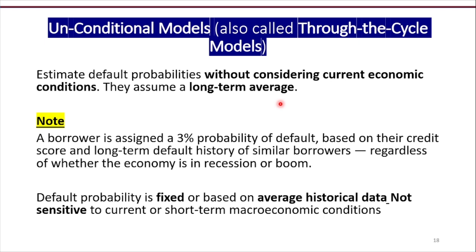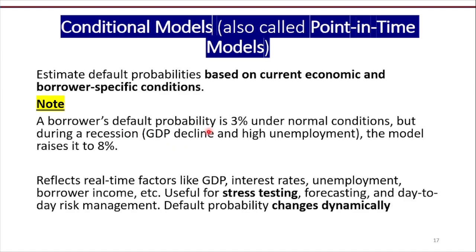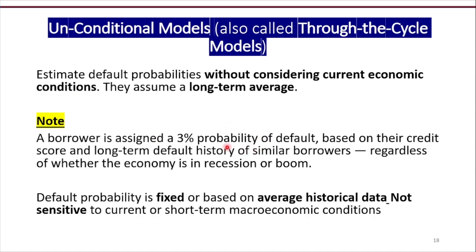Let's understand the unconditional model with an example. A borrower is assigned a 3% probability of default based on their credit score and the long-term default history of similar borrowers, regardless of whether the economy is in recession or boom.